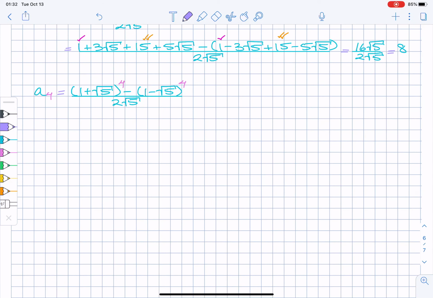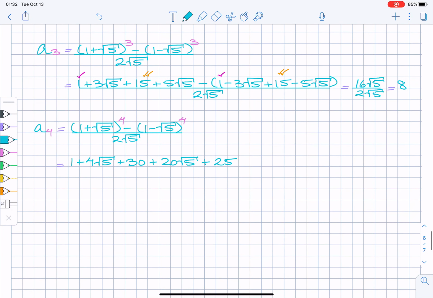So expanding the binomials, we will have 1 plus 4 root 5 plus 6 times 5 is 30 plus 20 root 5 plus 25. 1, 4, 6, 4, 1.